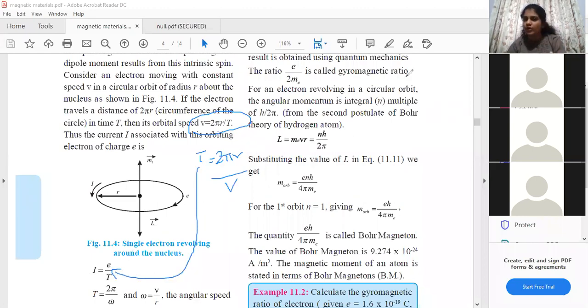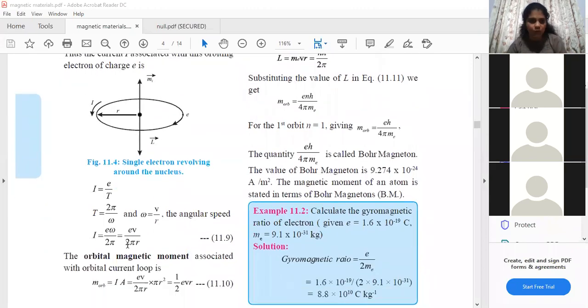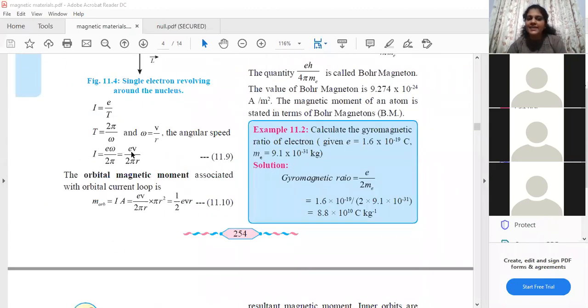This is one more alternative for this particular step. That is up to you all, which one you want to do. So we get I as EV upon 2 pi R.